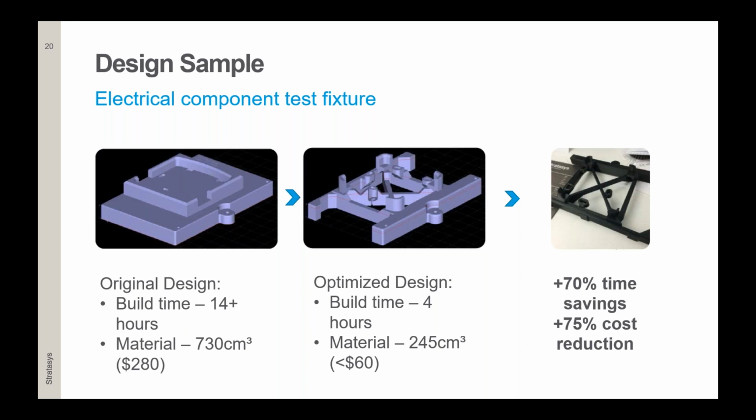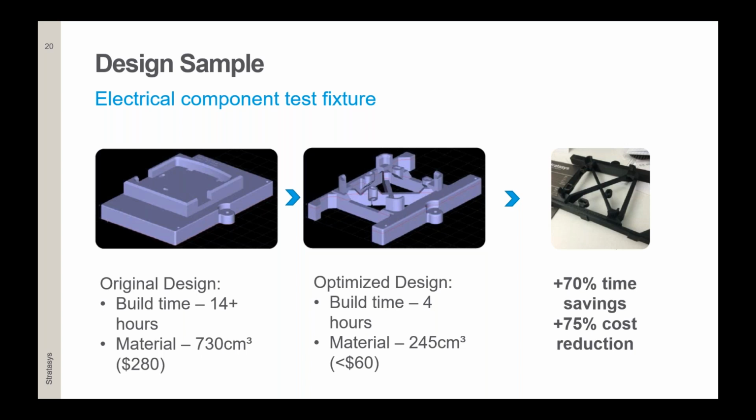Unlike with traditional manufacturing methods, we also have higher design freedom to manufacture complex geometries, and this is an advantage that should be used whenever possible. So you see on the left side, the original design, build time 14 plus hours, and the optimized design, only 4 hours, which translates to 70% time savings and 75% cost reduction, which is quite huge.